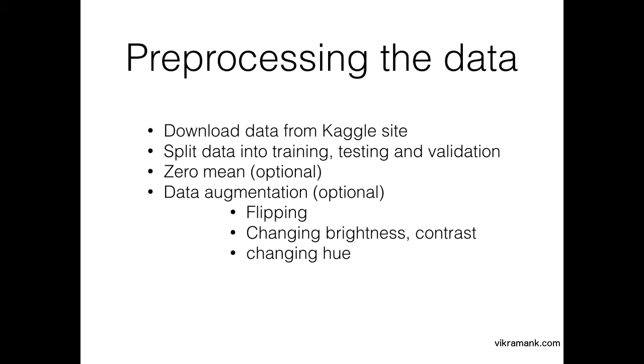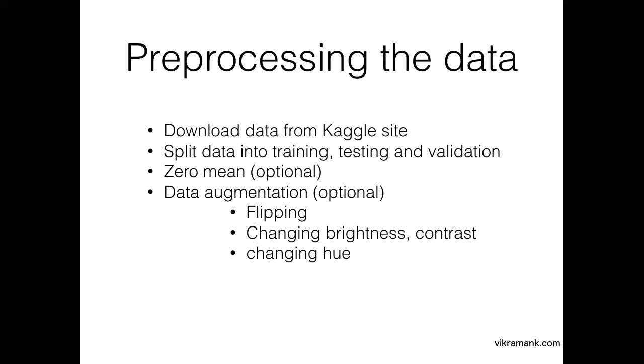Also, one of the steps in the pre-processing data step is to augment our data. Again, in our case, it's optional because we already have a lot of data and it's just two classes, so this step won't be necessary.